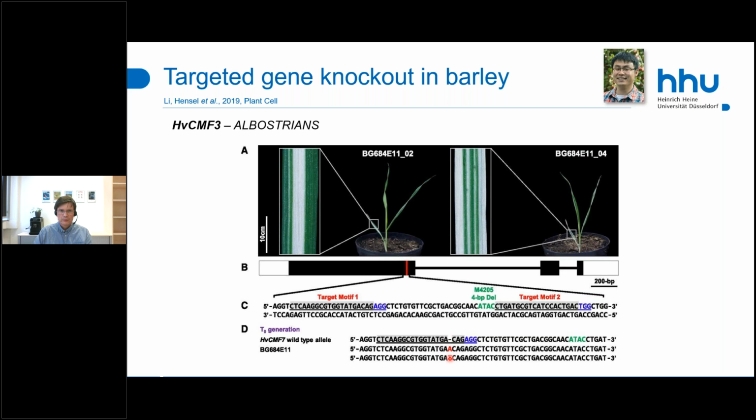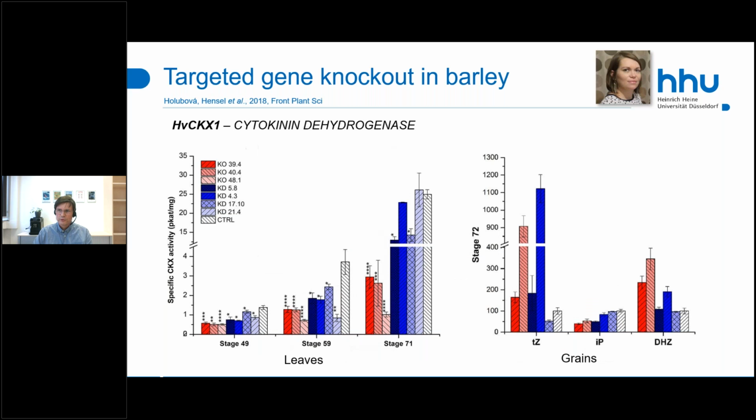We got regenerants which have a mutation in this gene, and these pictures here show already T1 plants of the primary transgenic, and you can see that we could confirm that this is the causative gene for this phenotype.